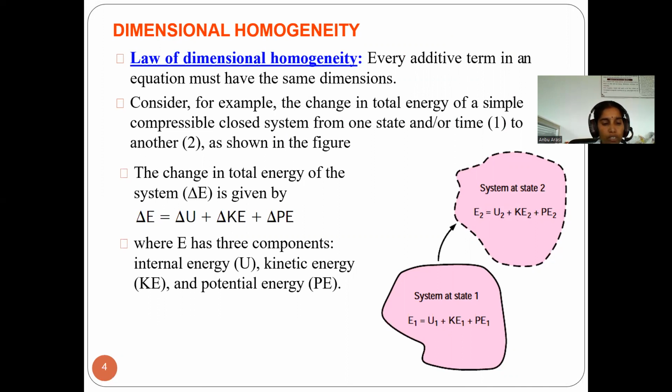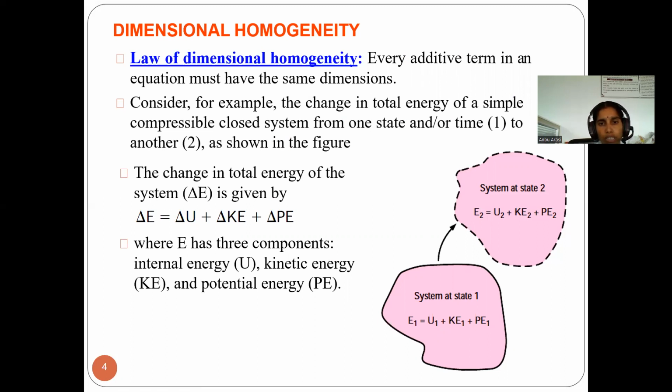Thus, if the dimensions of each term on both sides of an equation are the same, the equation is known as a dimensionally homogeneous equation. The powers of fundamental dimensions, that is L, M, T, on both sides of the equation will be identical for a dimensionally homogeneous equation. Such equations are independent of the system of units.